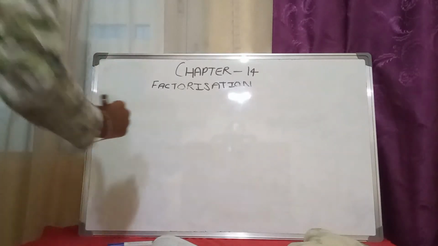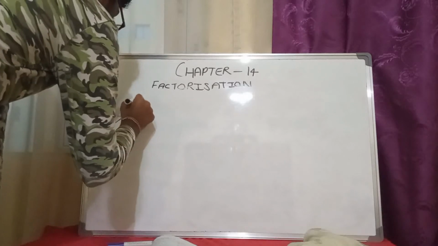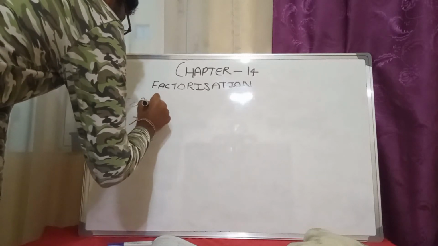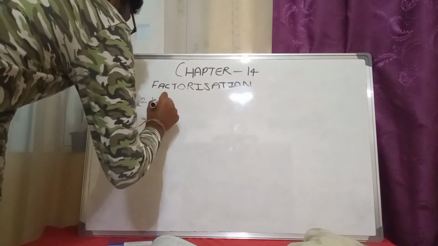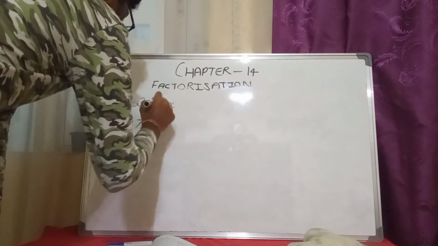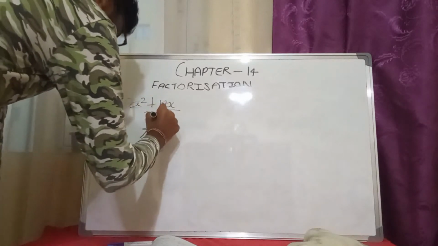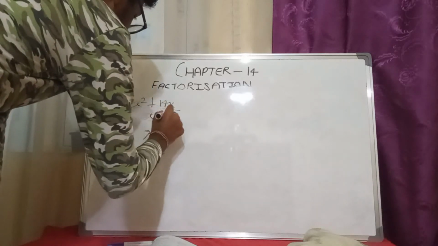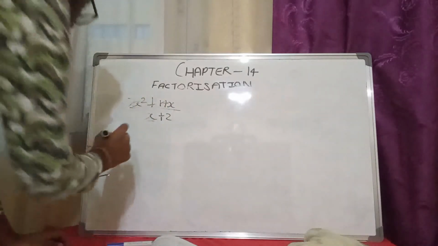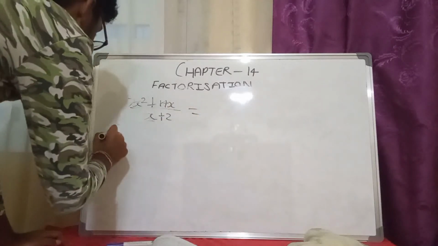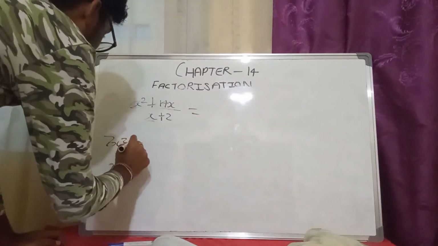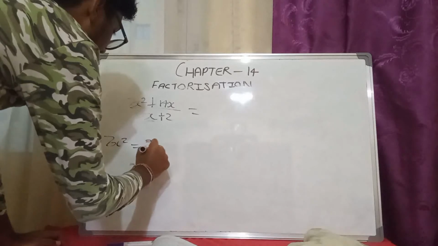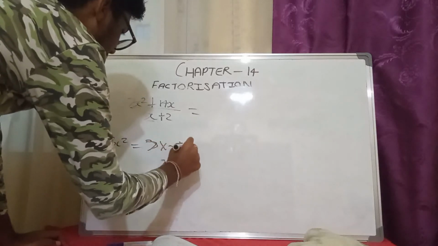Now we take the example 7x square plus 14x divided by x plus 2, using the example given in the textbook. We get 7x square equals 7 into x into x.